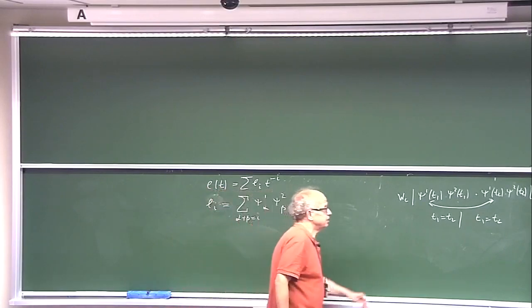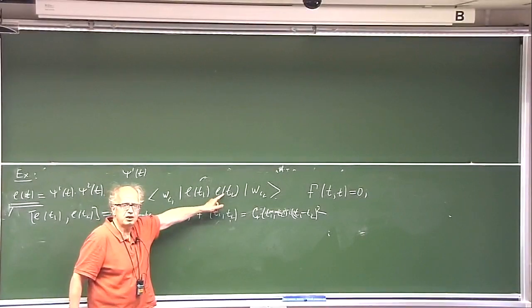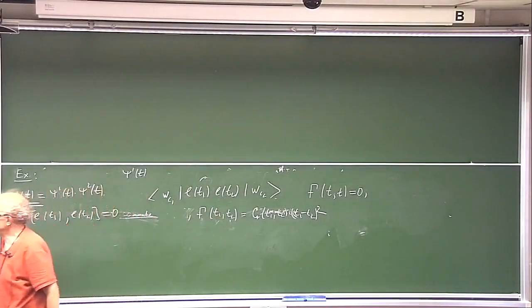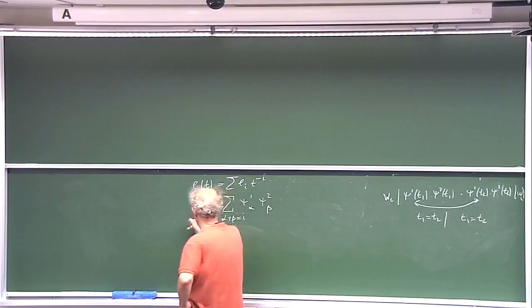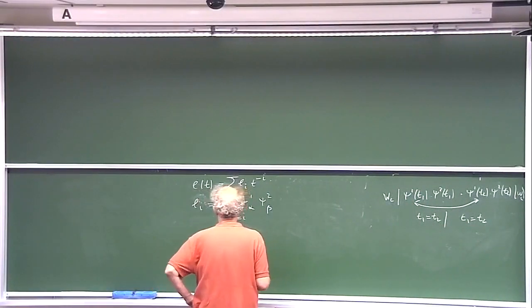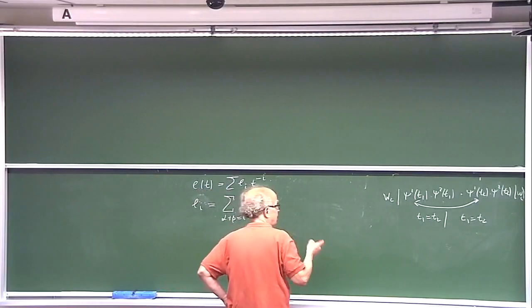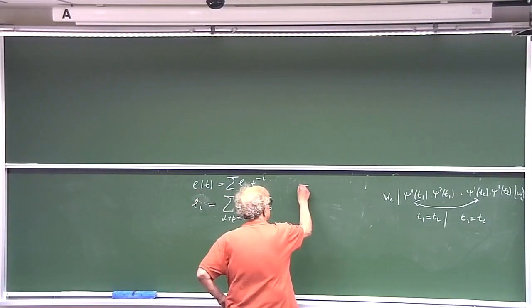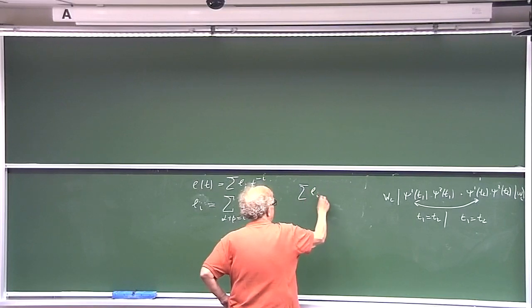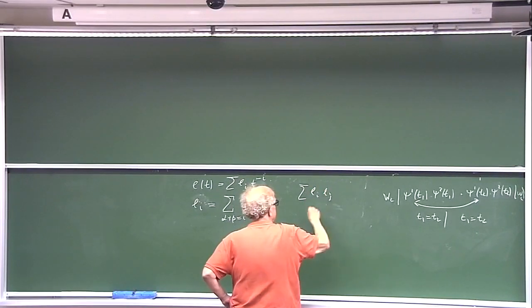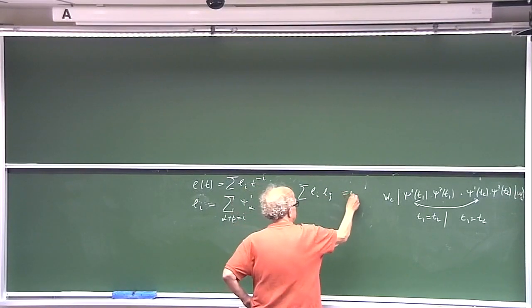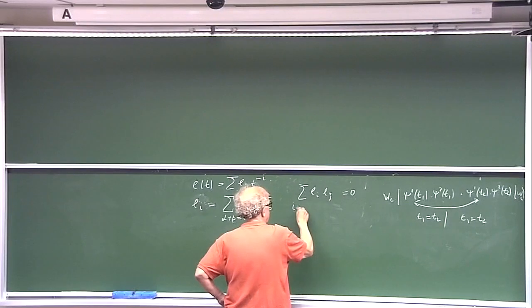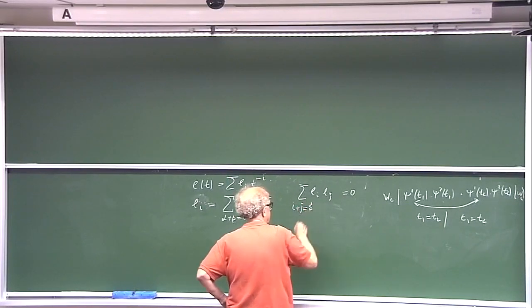And the condition that the correlation function here is 0, this is some condition for that. And I claim that this condition, just to repeat, is that the summation of E_i E_j equals 0 if i plus j equals some s.